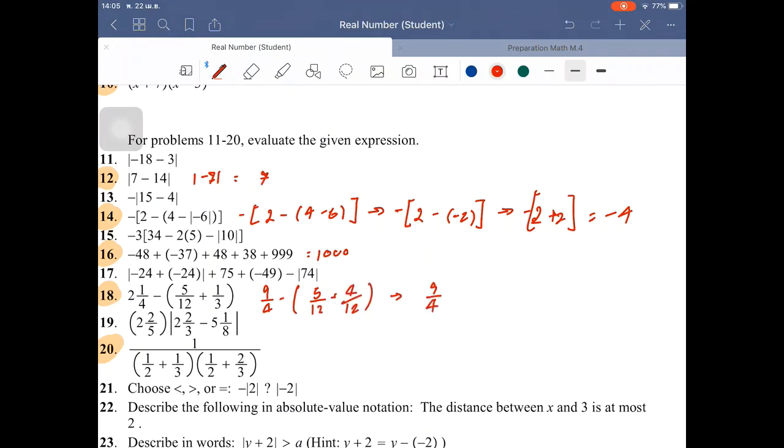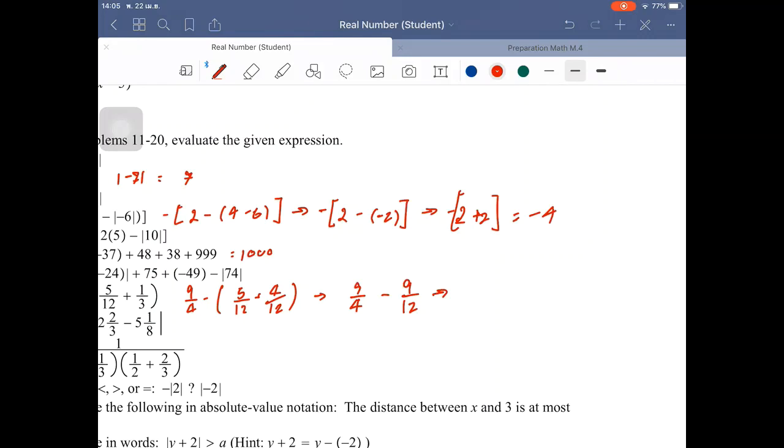You get 9 over 4 minus 9 over 12, and again make the denominator equal, which is 12. So the final answer will be 18 over 12, which is 3 over 2.